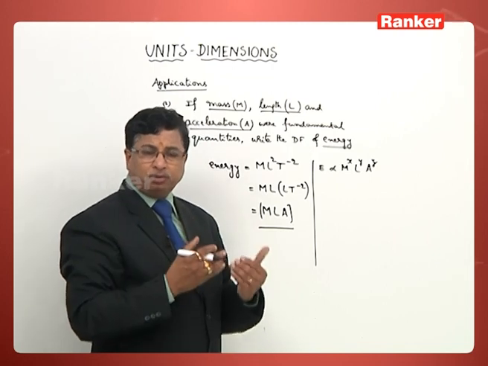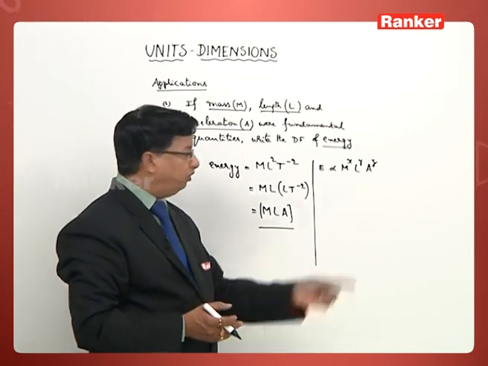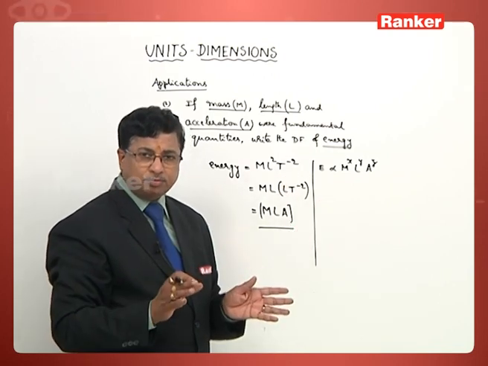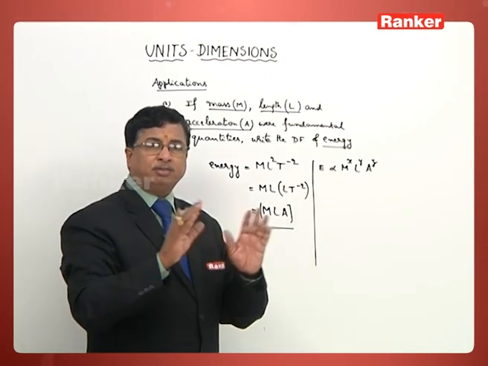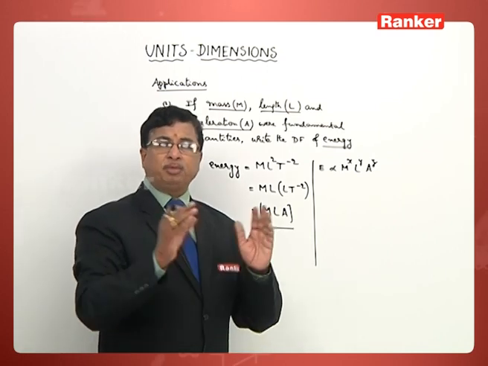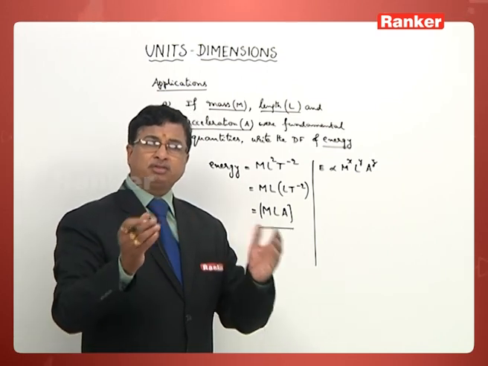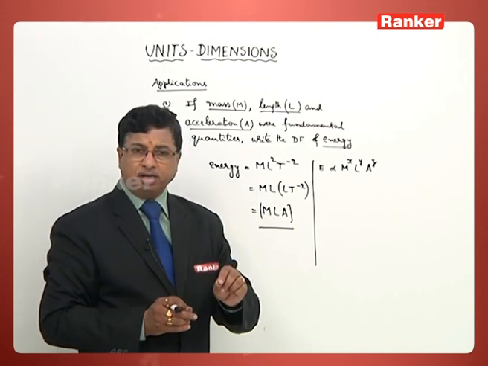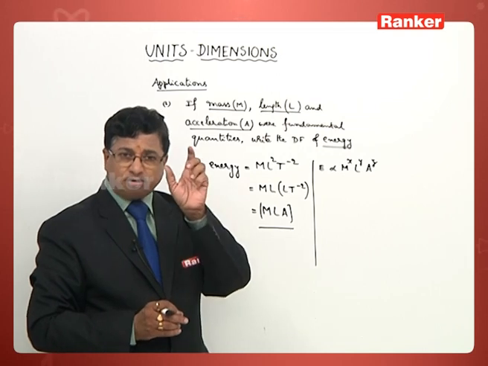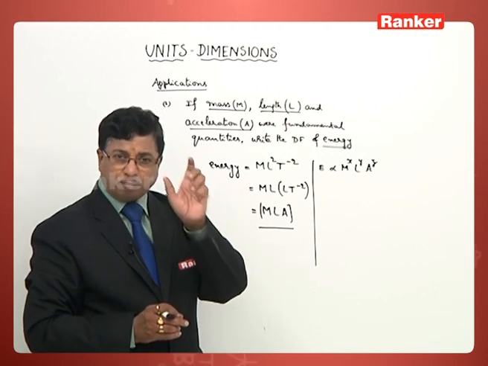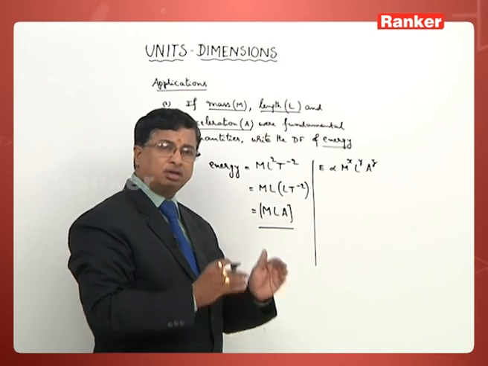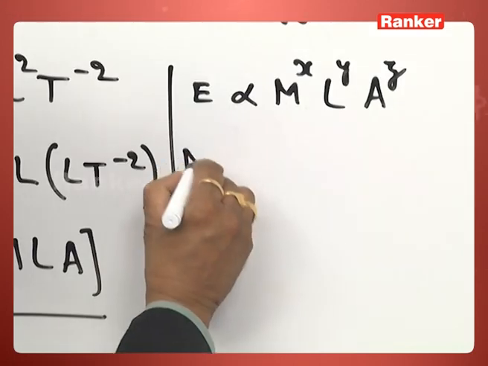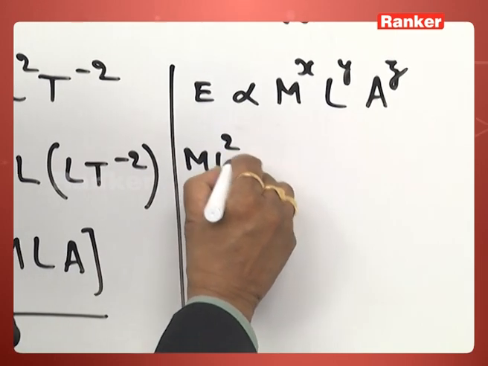Now, every one of you can directly proceed with the remaining steps. So, what to do now? Write dimensions, equate the powers of mass, equate the powers of length, equate the powers of acceleration over here, and finalize the values of x, y and z, and finally substitute those values or those powers in this equation and get the result. So, what is to be done in this case? E, it is M L square T power minus 2.